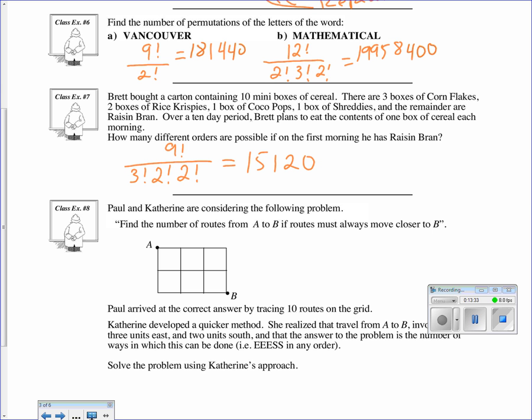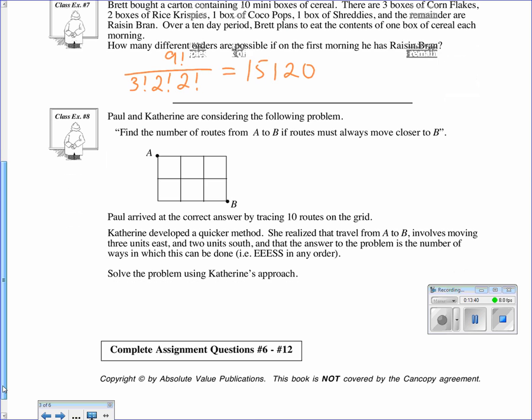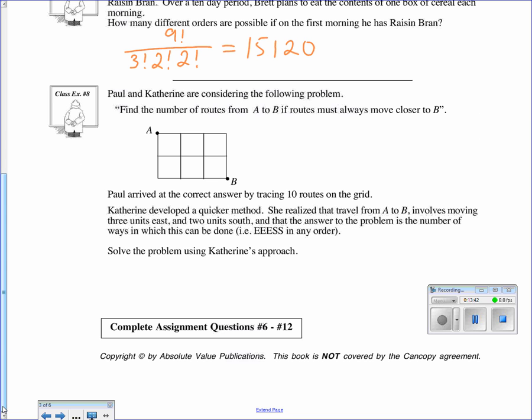We've got a map question to try out, and this is the first time we've done a maps question. And the map question is kind of nice. How many different ways can I get from A to B? And the suggestion is I must always be moving closer to B. Well, how many different ways can I go forwards? There's 1, 2, 3 different ways of going forward, and there's 2 different ways of going down.